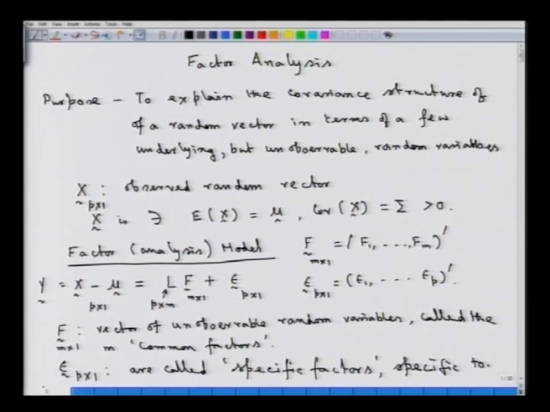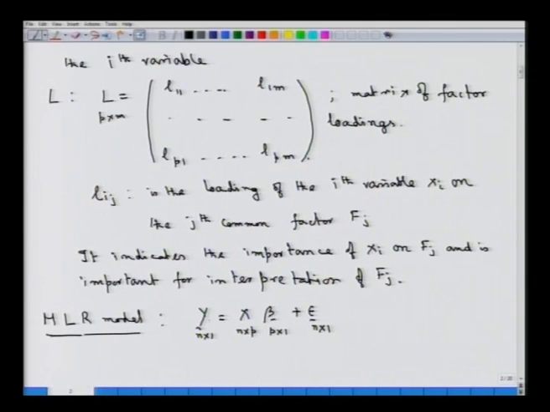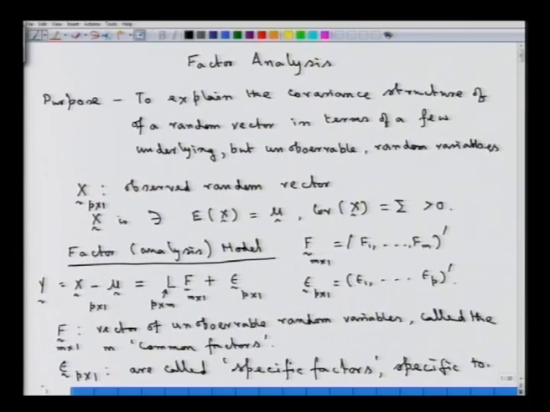And if we look at this factor analysis model, although it looks like the multiple linear regression model, there is a huge difference between the two models. Here we have f, a vector of random variables which are unobservable. While a multiple linear regression model tries to explain the response variable y through the observable x and the vector of noise epsilon, in a factor analysis model, on the right hand side, none of them are observable.